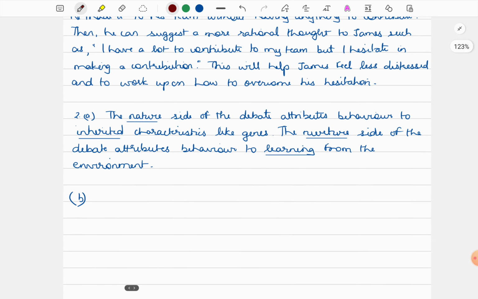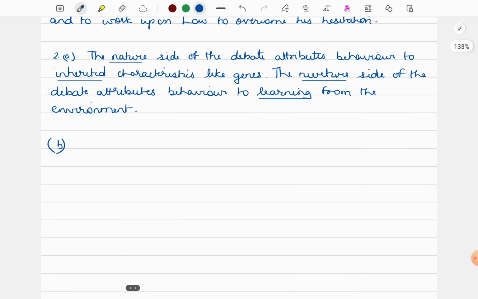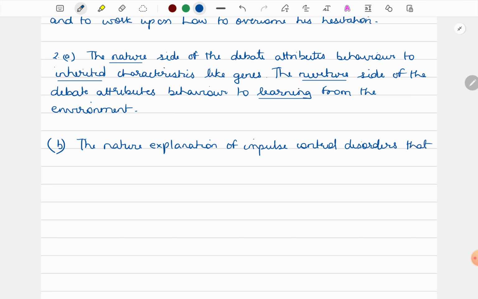Okay, so again, putting a sample answer for this one. The nature explanation of impulse control disorders that attributes these disorders to dopamine deficiency is reductionist.